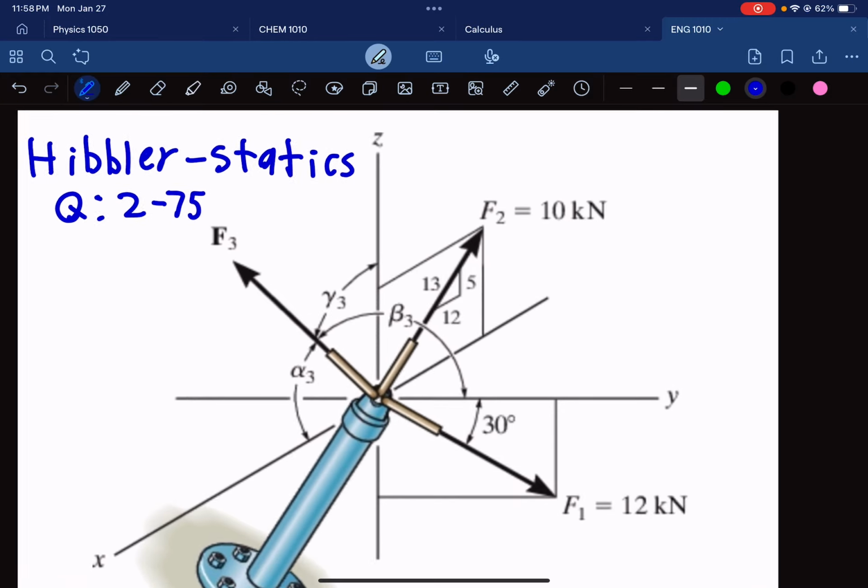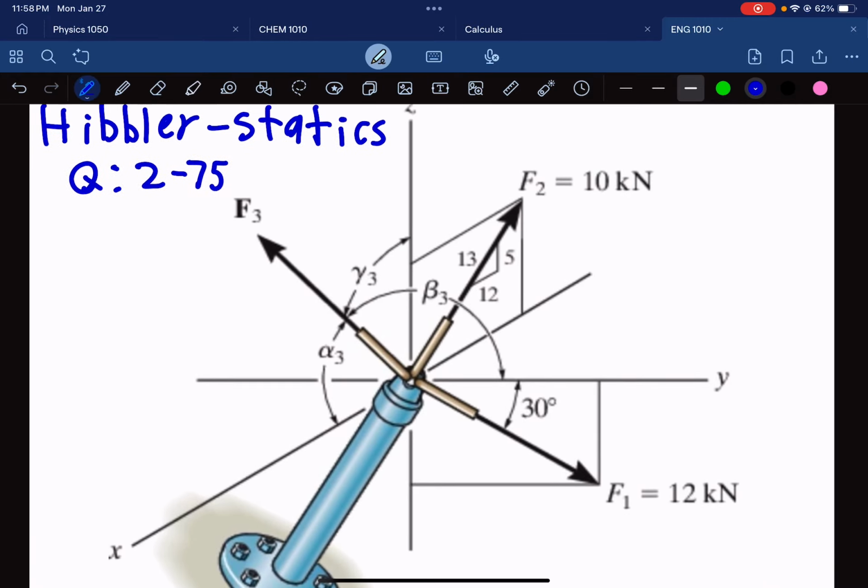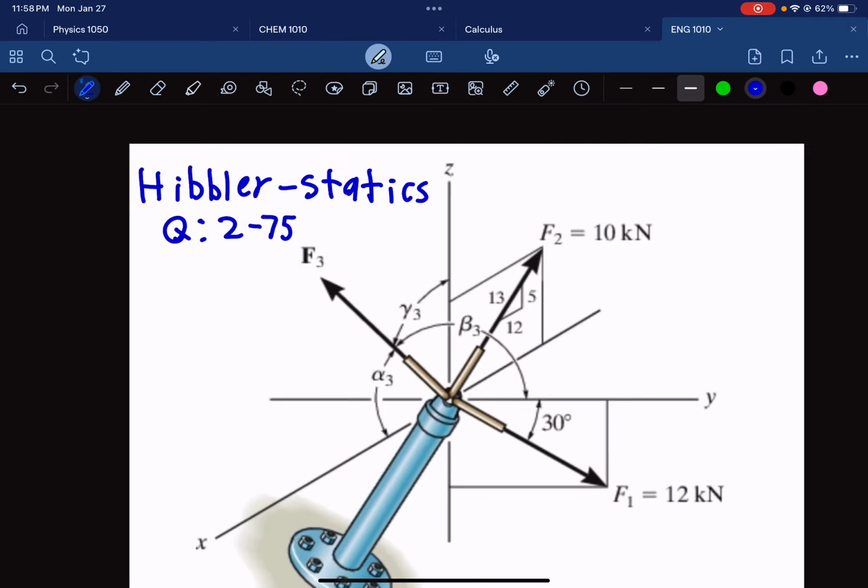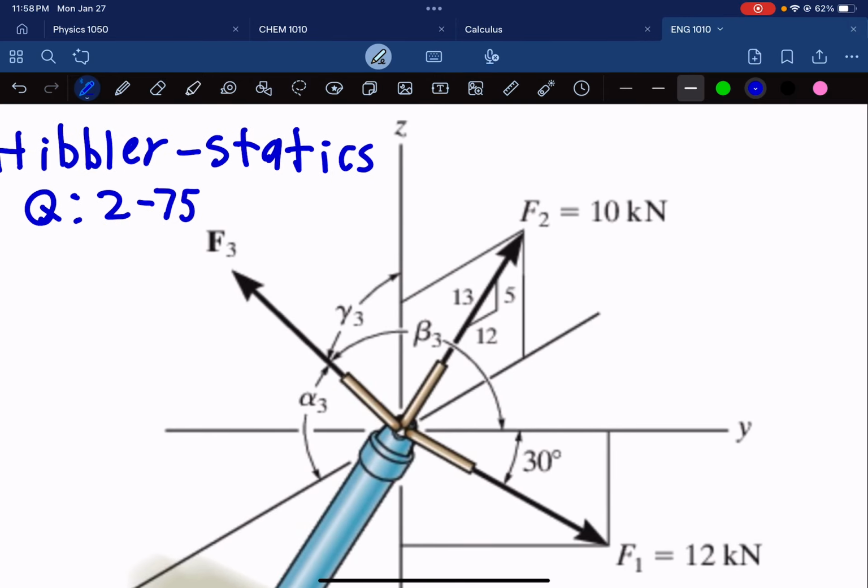Let's solve for our F2 and F1 Cartesian coordinates. So here, this is simply going to be zx because it is in the zx plane. This is zx, and then we go and make our triangle.